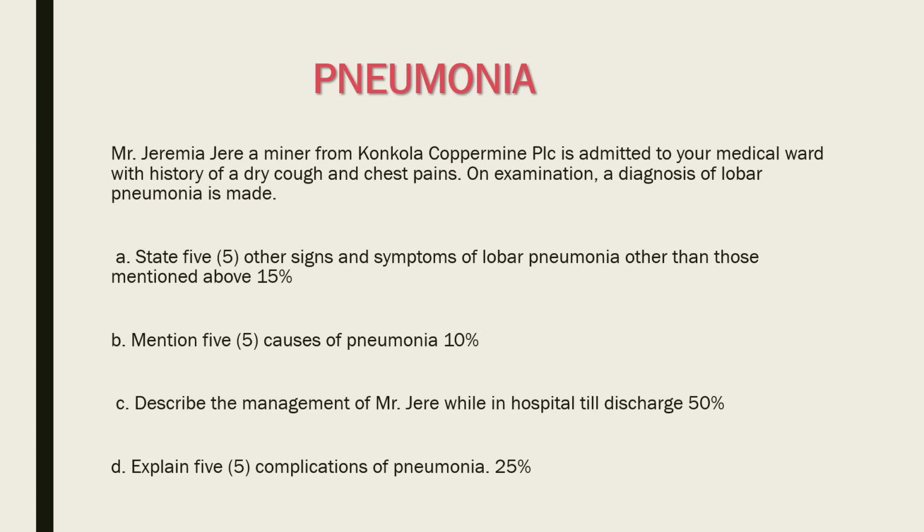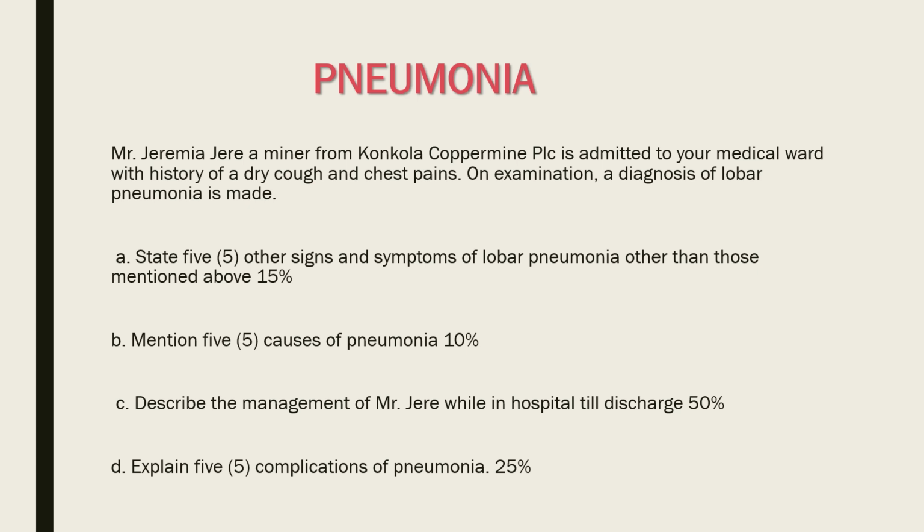So one, aims. To relieve dizziness. Number two, to promote quick recovery. Then to prevent septicemia. Those are the objectives I will consider to manage Mr. Jerry. The second point is investigations.